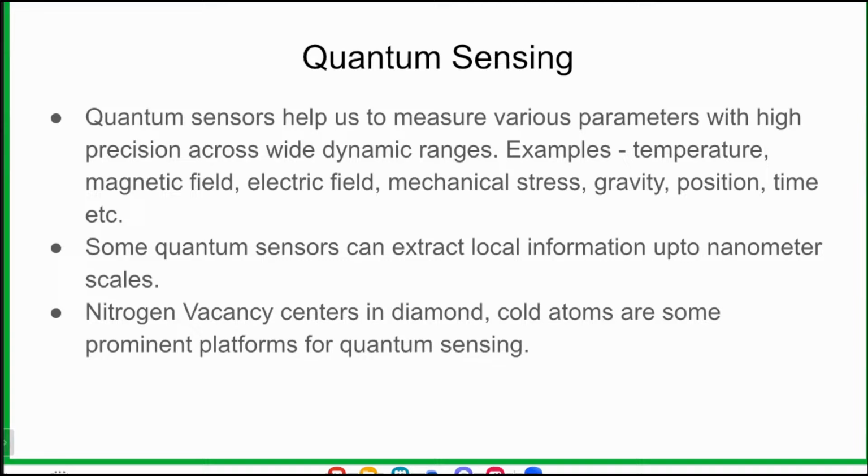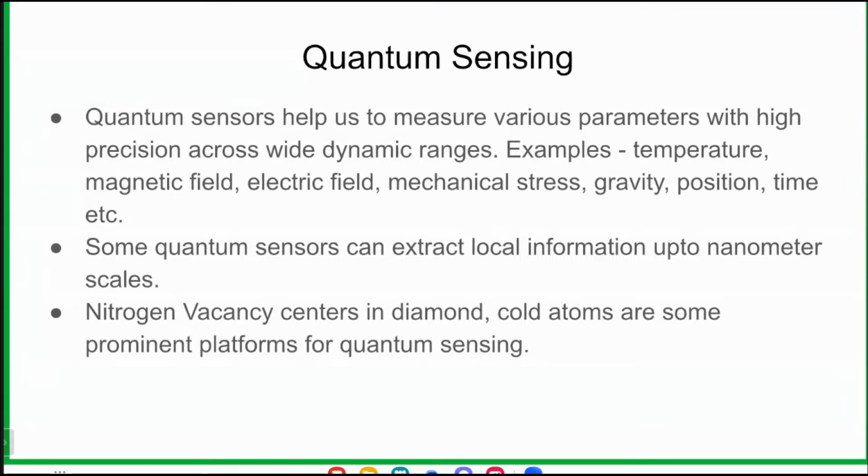But just to give you a sense of what is happening, coherent superposition and entanglement is being used.